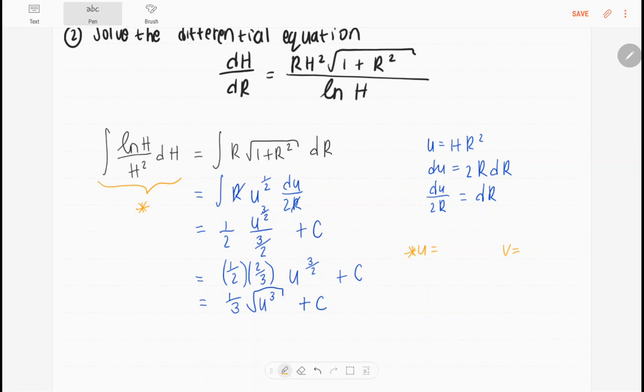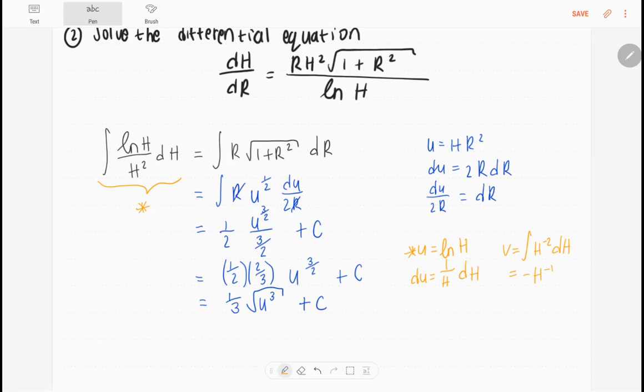So if I set u equal to ln of h, then I have that du equals 1 over h dh. V is then everything else that remains. So it's the integral of h to the minus 2 dh. So it means that it's going to be minus h to the minus 1.